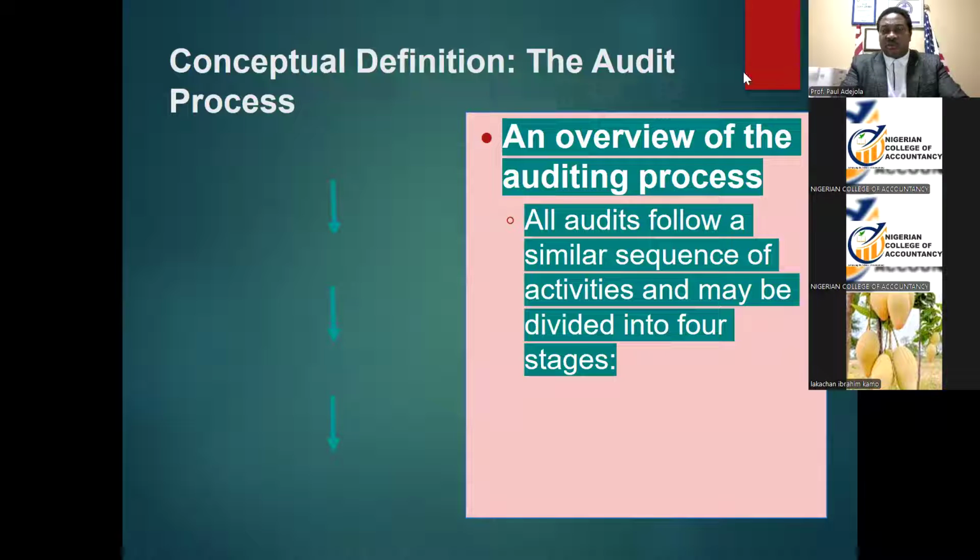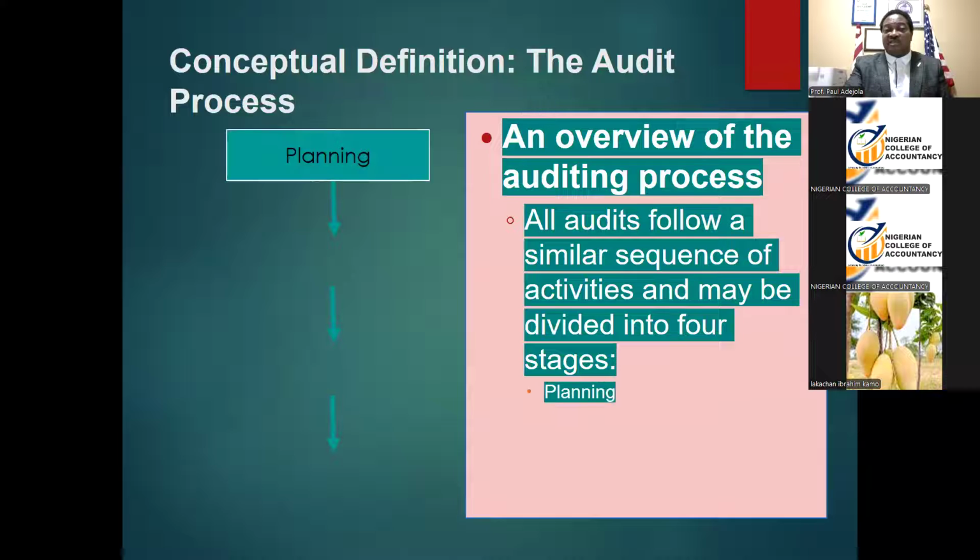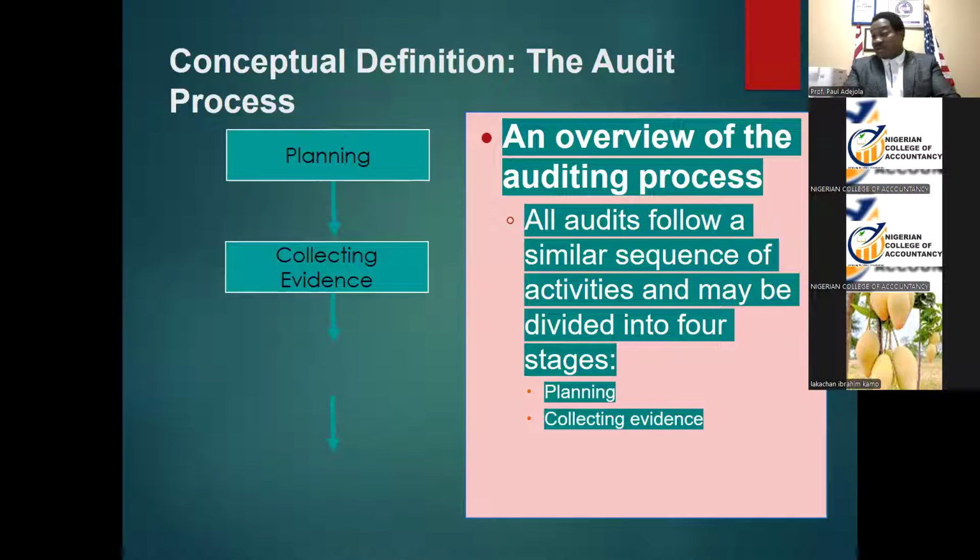Let's see the audit process. Ladies and gentlemen, when we talk of the audit process, see an overview of the audit process, the workflow. All audits follow a similar sequence of activities and may be divided into 4 stages. See it: planning. You need to plan your audit. You collect evidence, and I just mentioned now what you need to collect evidence: what is also called analytical review techniques.